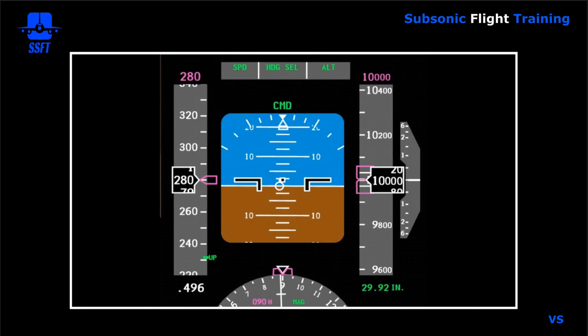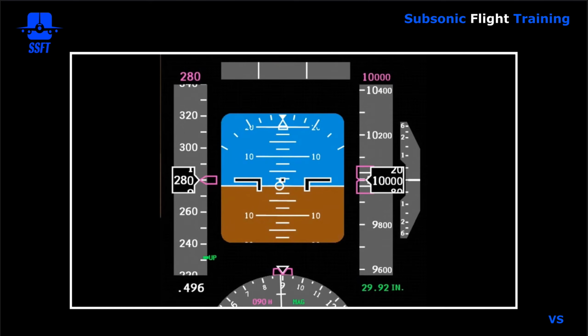Right now you can see the pitch is just a little shy of 2.5 degrees in level flight. We've also turned on the flight path vector. That is shown right on the horizon at this time. The wings are right on the horizon line, so you can't see the wings of the flight path vector, but you'll see them as we pitch up or pitch down.